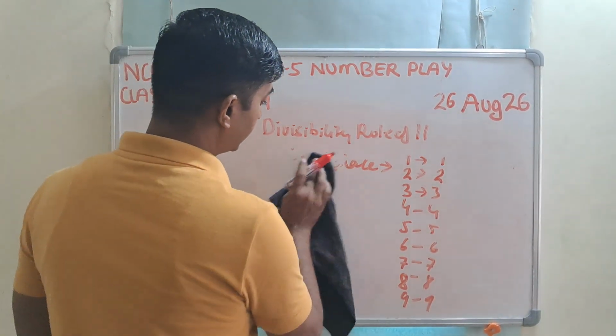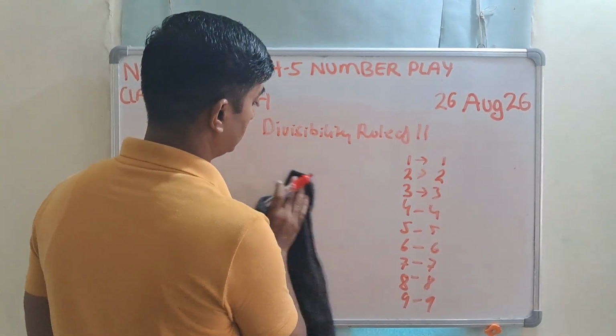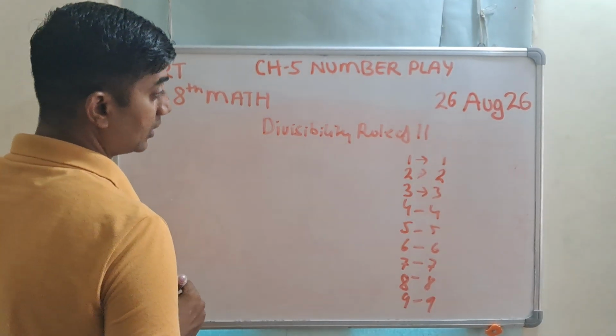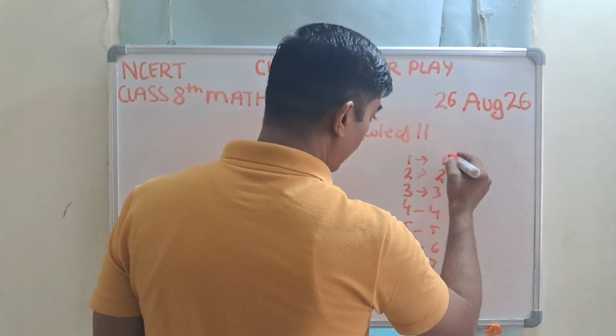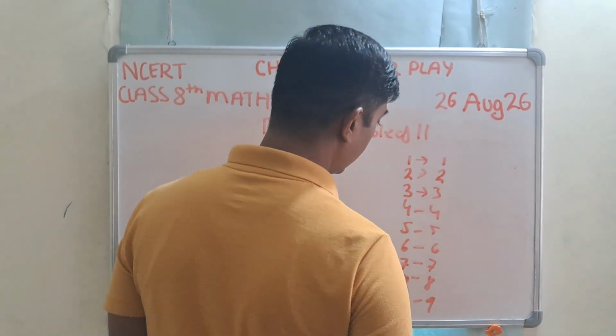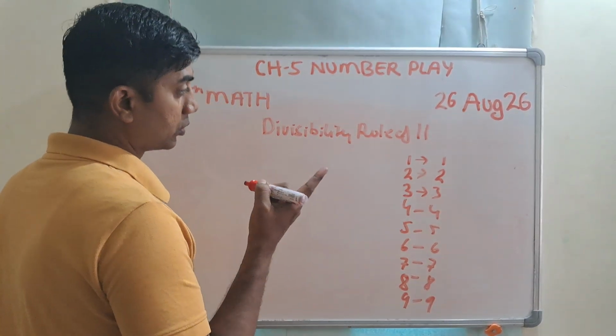Now what about the tens place? What actually do we have to do? We have to add plus 1. You need one more.